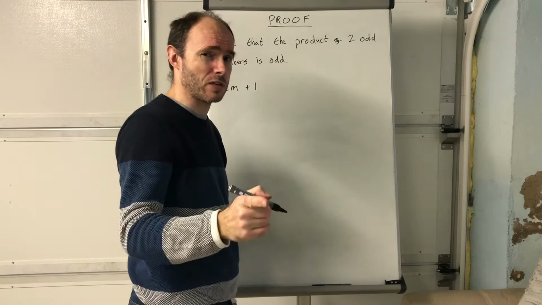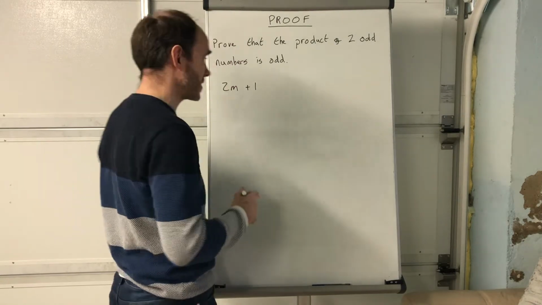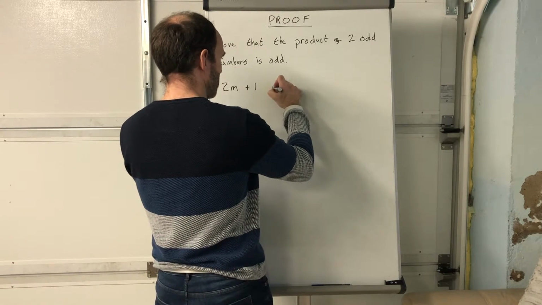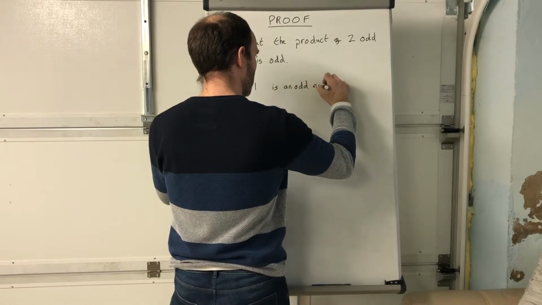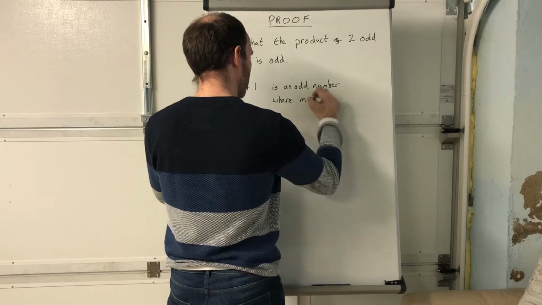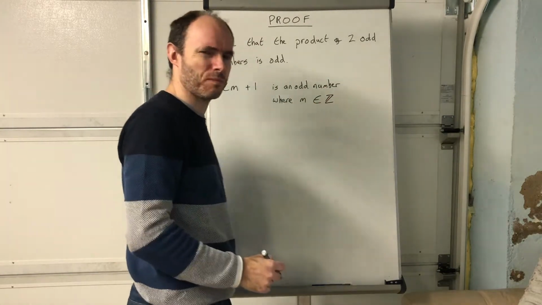And that's really important. Remember I said when you introduce a new letter, you've got to state what it actually means. So we've got 2m + 1 is an odd number, where m is an integer. See how these mathematical symbols are just so helpful in something like this?